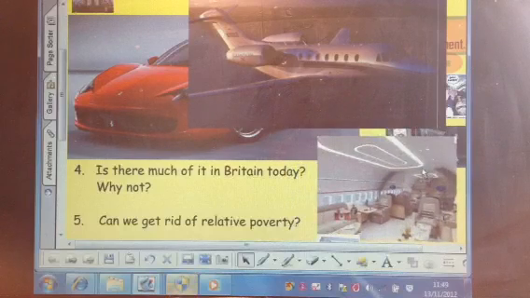So if all your friends have got these planes and you've got this car, you are poor, relatively. So relative poverty will always exist. There will always be some people poorer than others.